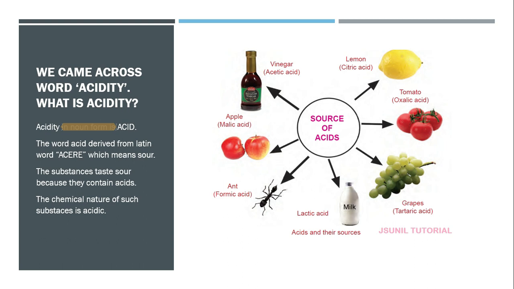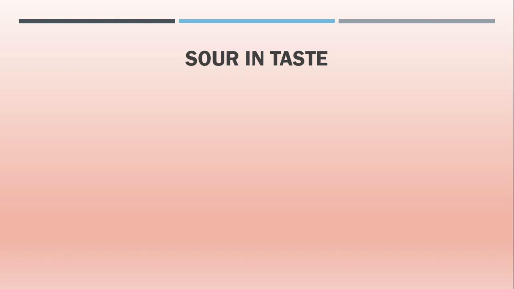So here you can see that some of the household items, edible items that we eat in day to day life, contain acid. They are sour in taste, and the reason they are sour in taste is that they contain acid in them.